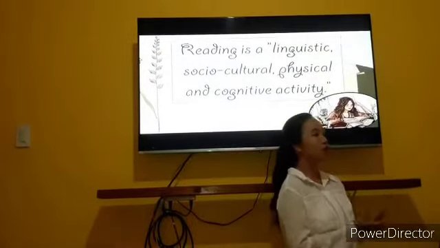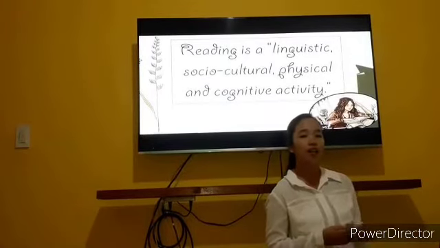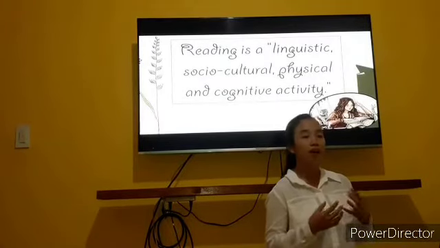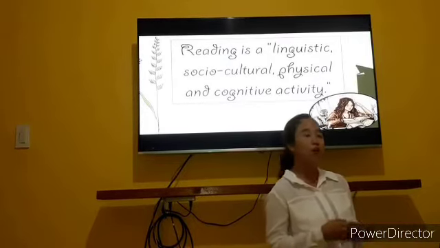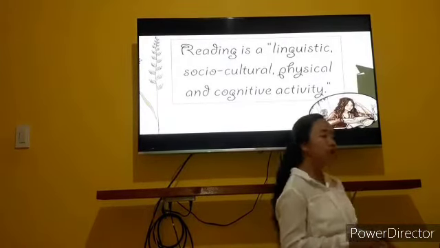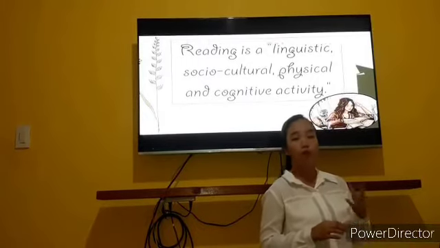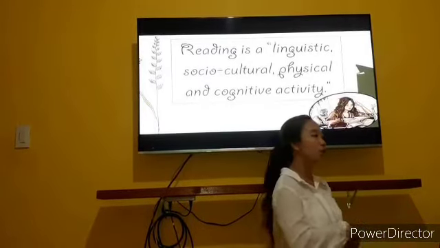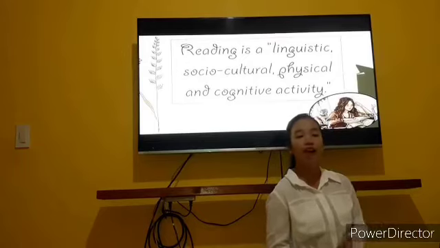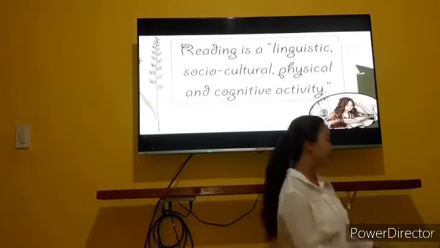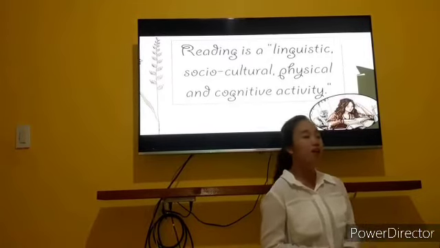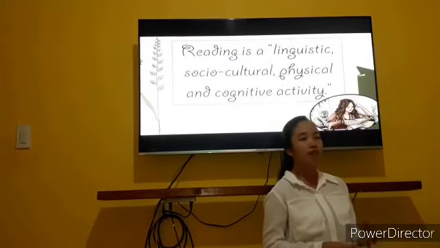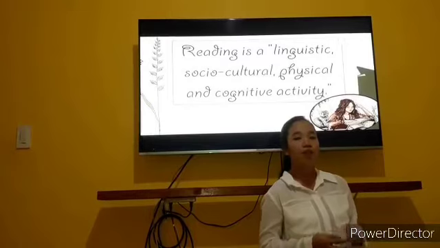Linguistic pertains to perceiving a text in order to understand its contents, which results in reading comprehension, while socio-cultural refers to the social and cultural factors, which include the reader, the text, and the reading itself. So, reading is all about getting meaning from the text and putting meaning to the text.